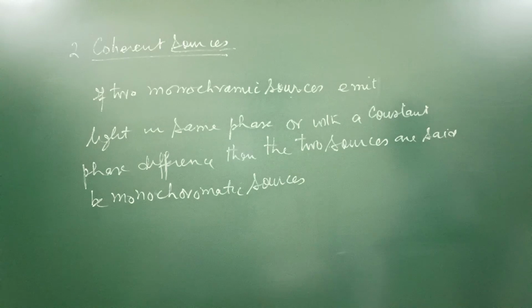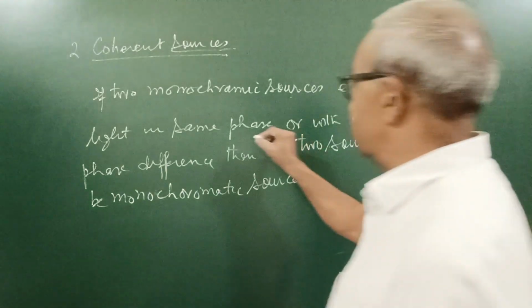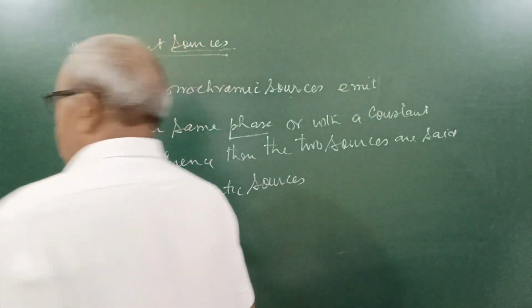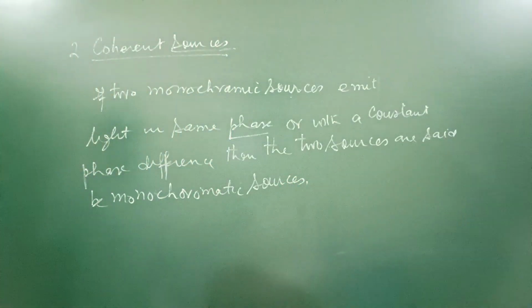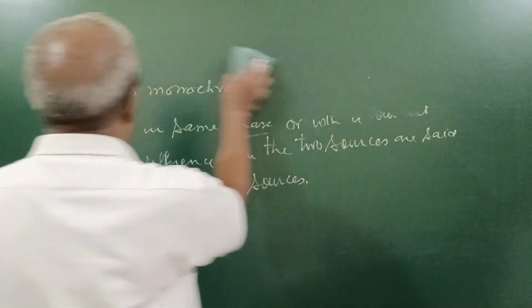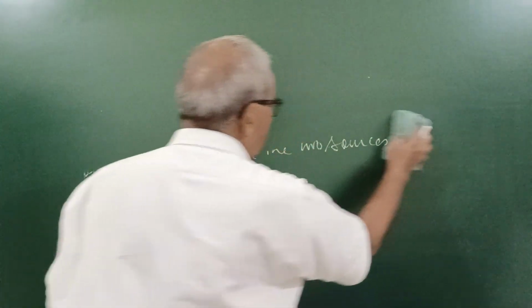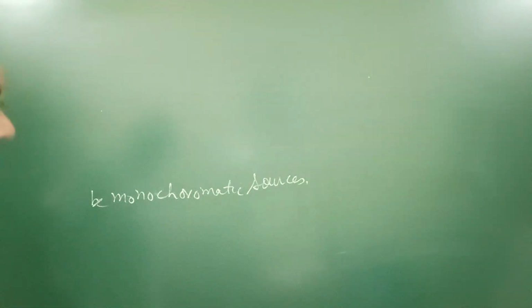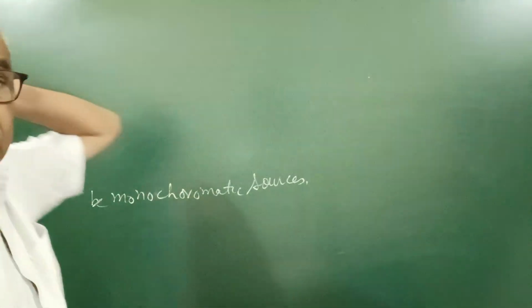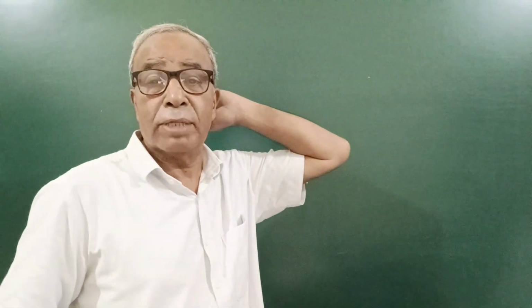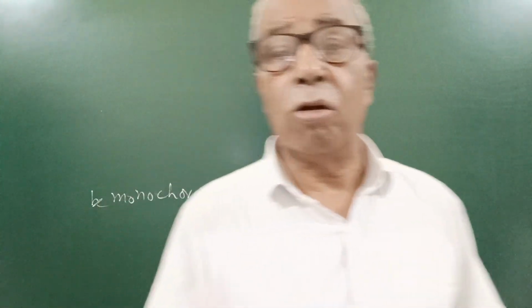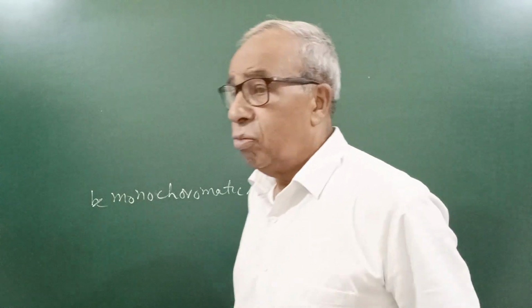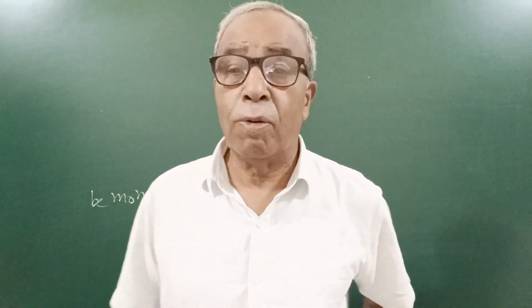Students are very much confused about this word phase. Actually, in the equation of a progressive wave, I have told you that light waves are electromagnetic in nature. It is the electric field vector of the electromagnetic wave which produces the sensation of sight in our eye.